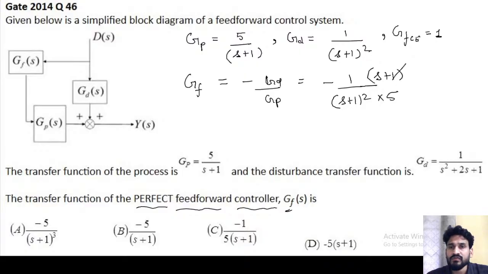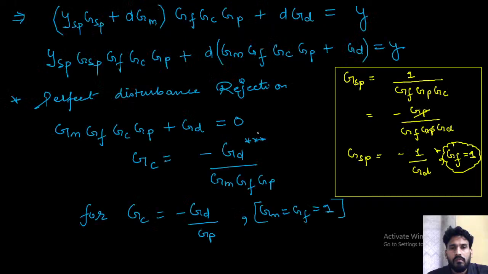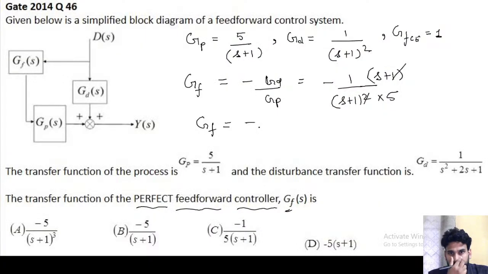It is clear, S plus 1 cancels. My GF is equal to minus 1 divided by 5 into S plus 1. I think C is the correct option for this.